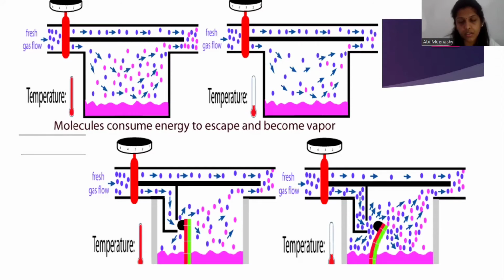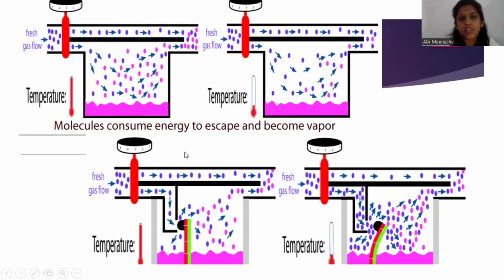Since there is not much temperature in the inhalation agent, not much vaporization happens. It is not much saturated. As you see, by the end of the fresh gas flow, it's not that saturated with your agent. When compared to the first scenario, in the second scenario, it is very much less saturated.